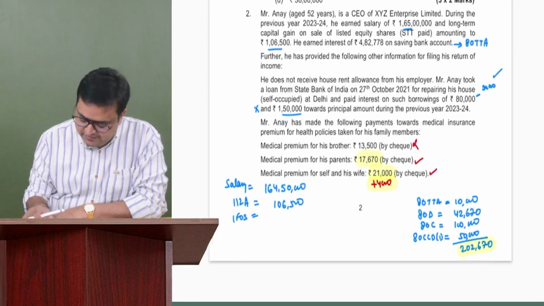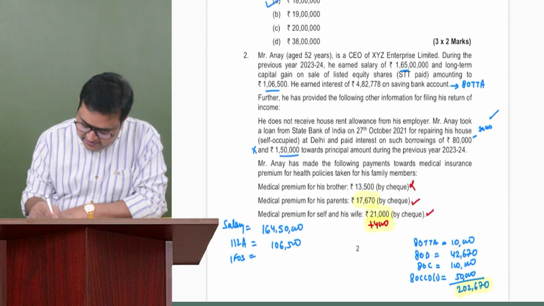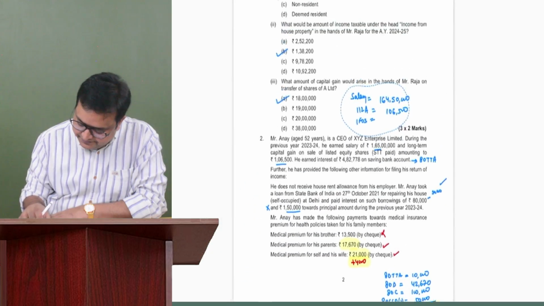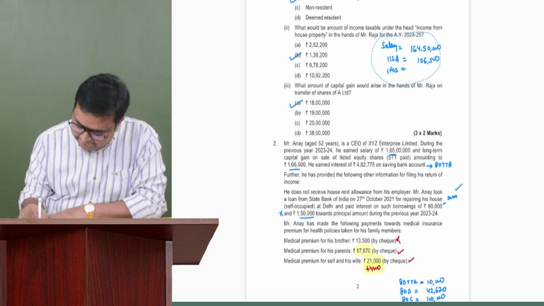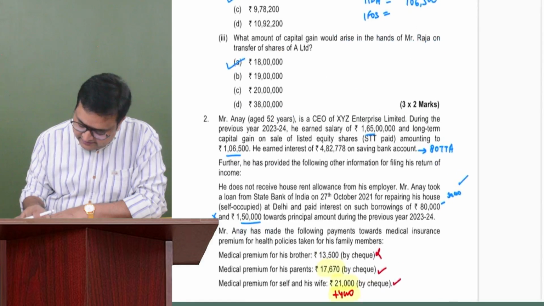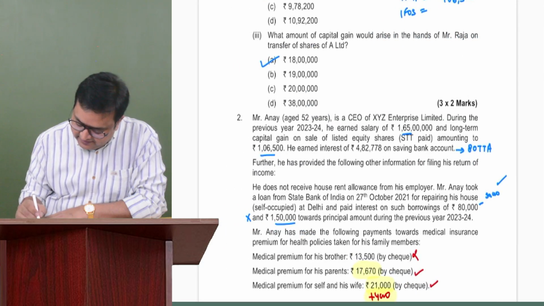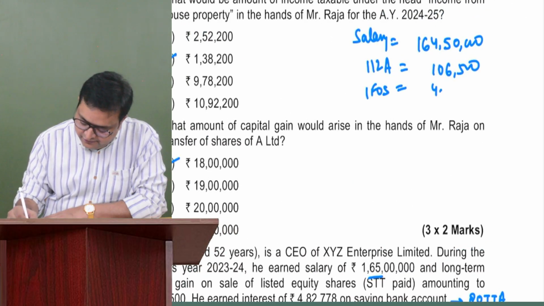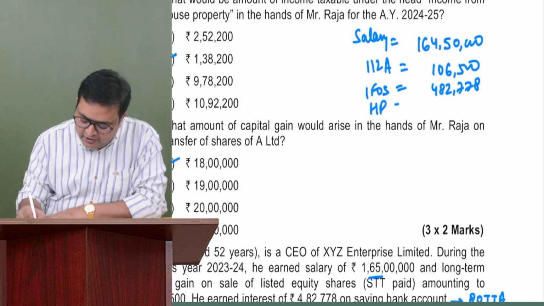Interest income is IFOS income. How much would it be? I'm writing it there, guys, because here you will not be able to see. He's earning IFOS income also, 482,778. And there is a house property loss also.